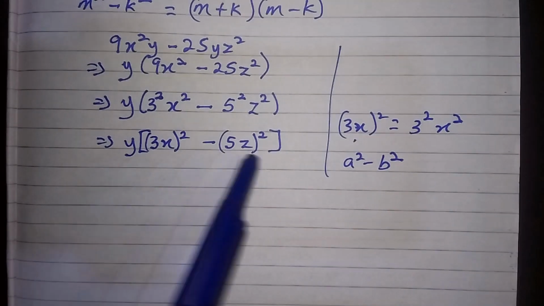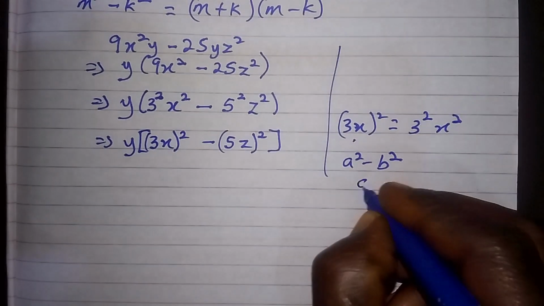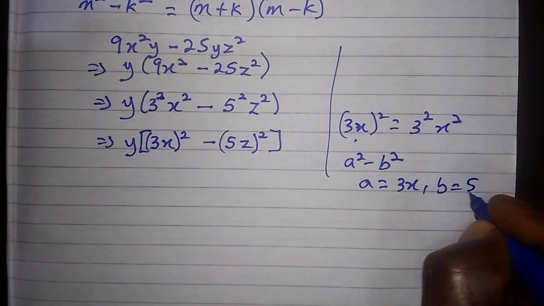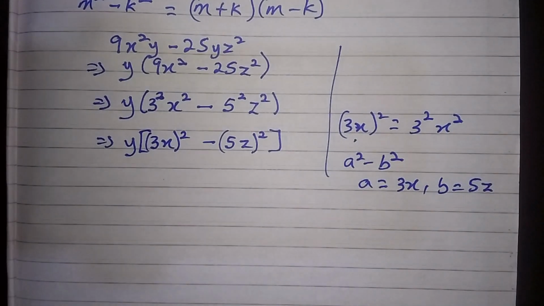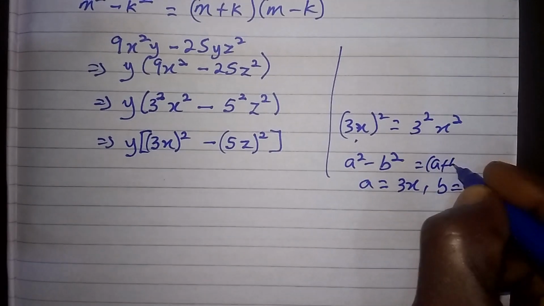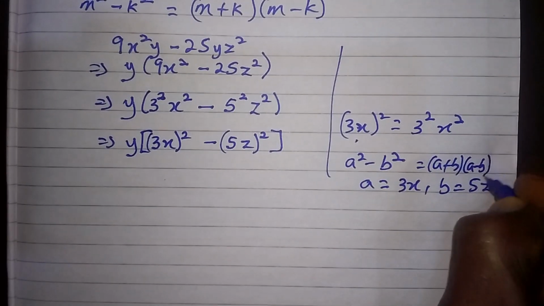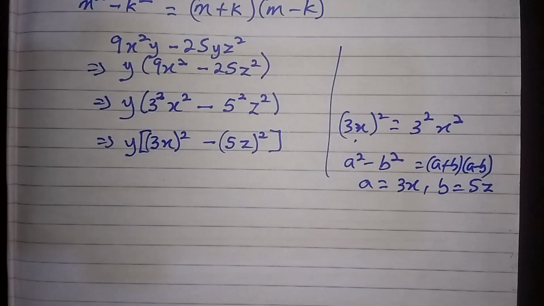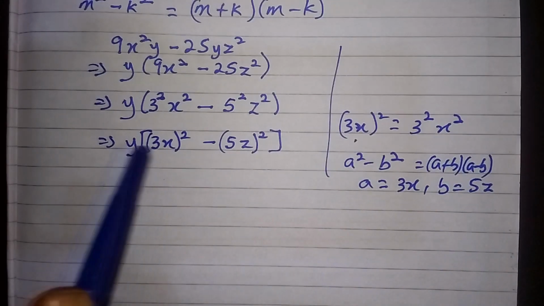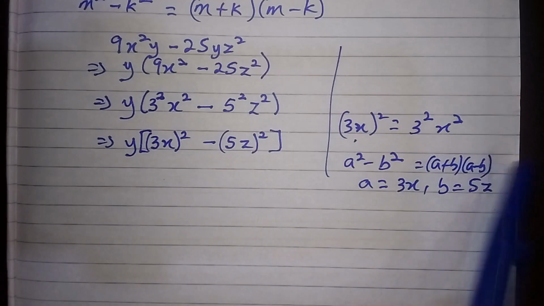From what we have gotten, you can say our a is 3x, our b is 5z. Now we said a squared minus b squared is a plus b, a minus b. As simple as that. So when you just remember this identity, all that you need to do is write this expression in this form.